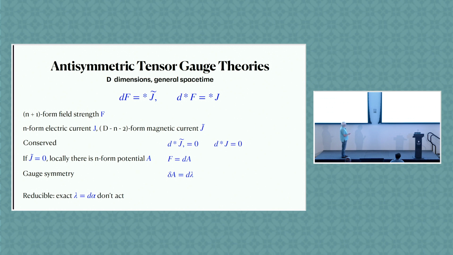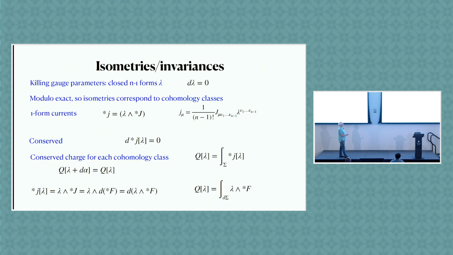If the magnetic current is 0, locally we can write it in terms of an n-form potential, and we have this gauge symmetry. In general, this will be reducible. And we can look for Killing parameters, which are n-1 forms, gauge parameters which leave the theory invariant. Here, these would just be the closed forms.